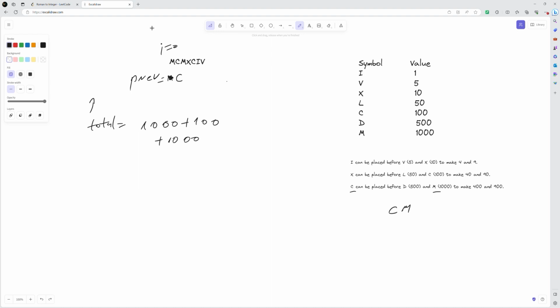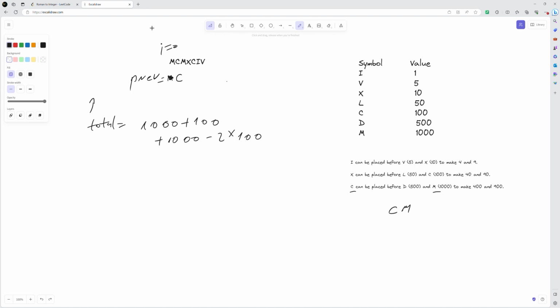And in that case, we will subtract the value of our previous character. We will subtract C 2 times, so 2 times 100, because C maps to 100.